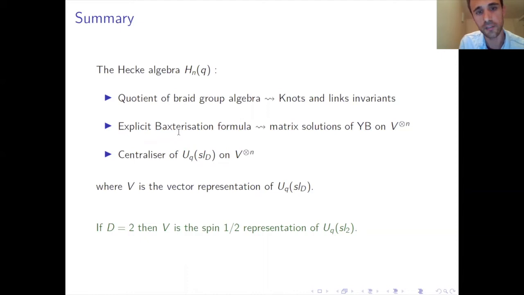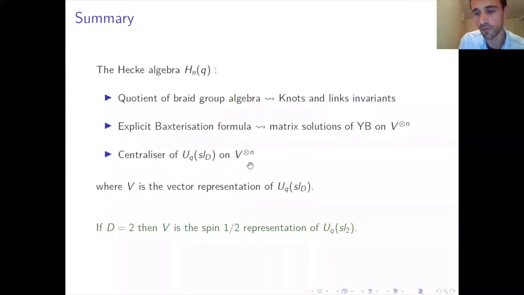Second, there is an explicit, I should say very simple, Baxterisation formula leading to matrix solutions of the Yang-Baxter equation. And third, from the point of view of representation theory, it allows us to understand the centralizer of the quantum group action on a tensor space, which is very nice.